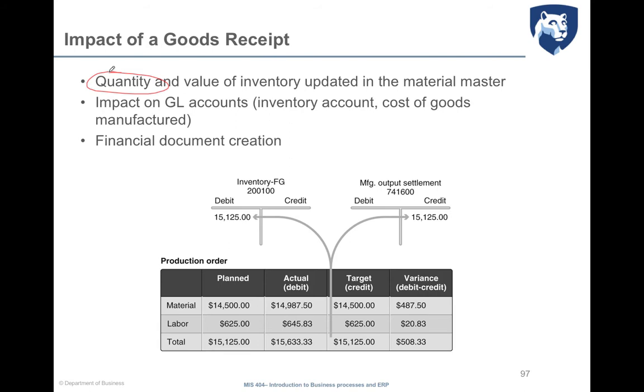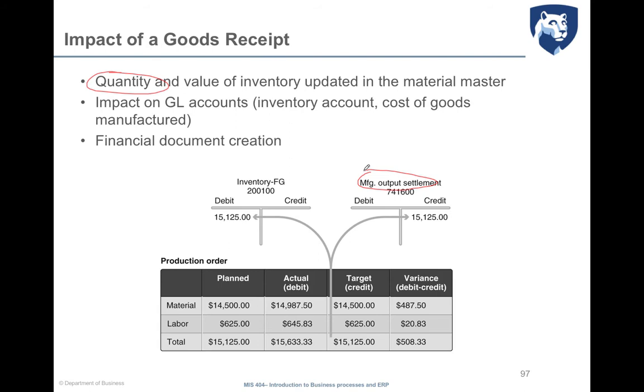Please, I use the words manufacturing output settlement because this is how it is called in the book, but this is no other than the cost of goods sold or cost of goods manufactured account. So this is called manufacturing output settlement, but it is cost of goods manufactured or sold. Other names to call these are plant activity account or factory output account, but these summarize the cost of producing something.